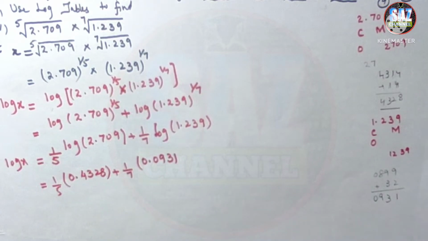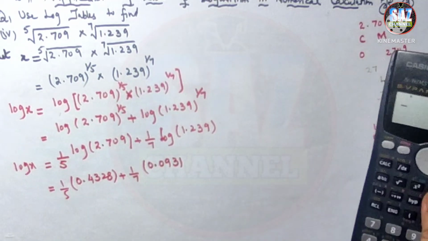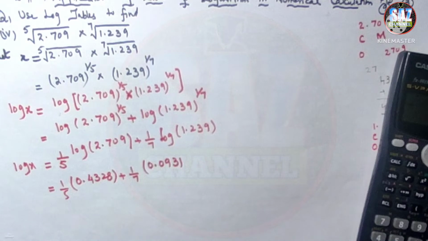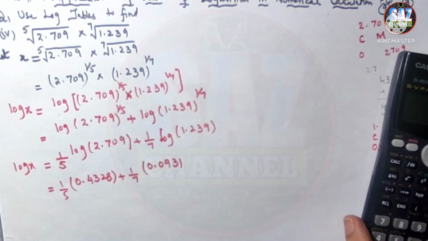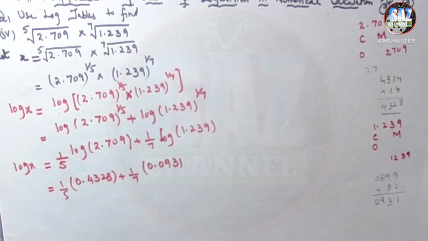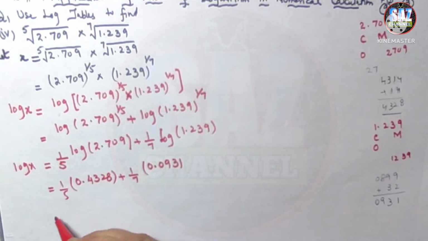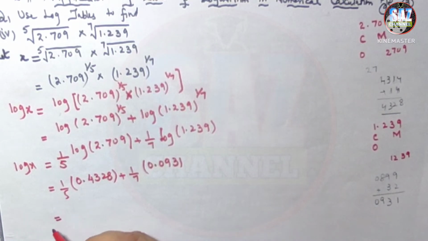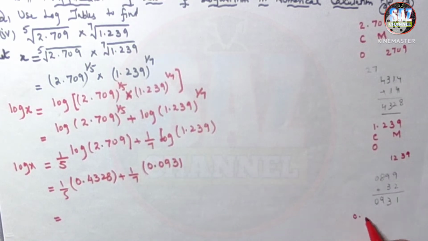And then what we have to do is that we have to first divide 0.4328 carefully by 5, and this gives me 0.08656. Let me write this number here. 1, 2, 3, 4, and 5 digits, so it can be rounded off to 0.0866.